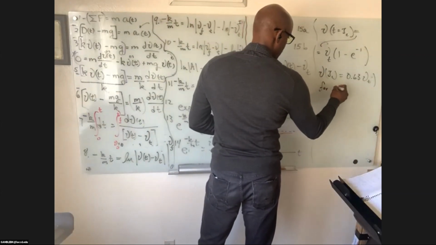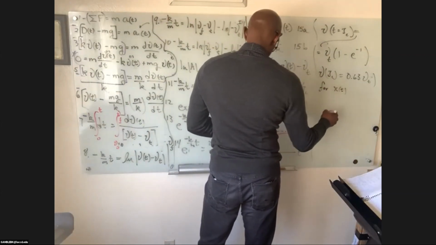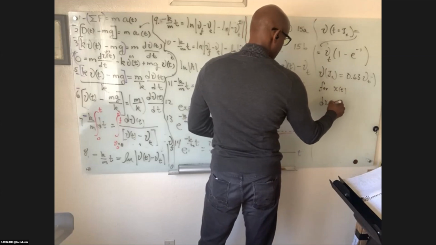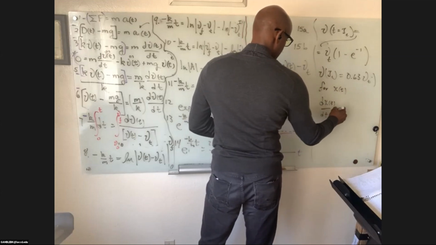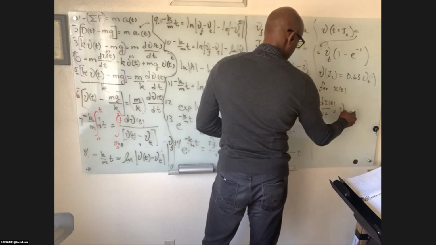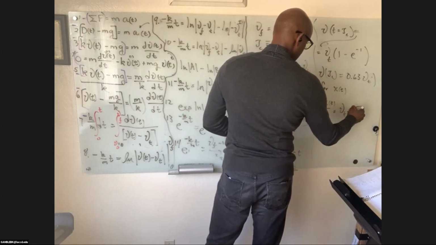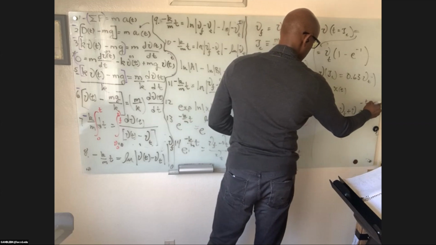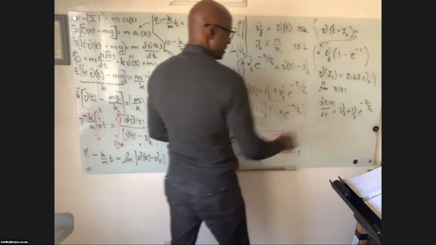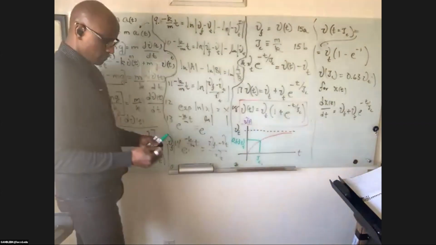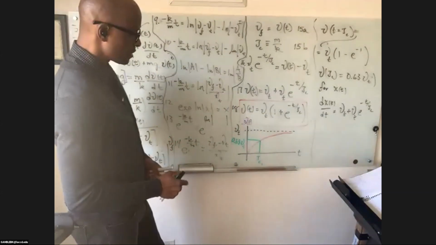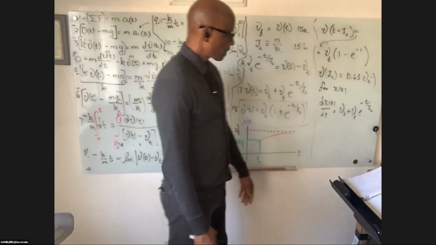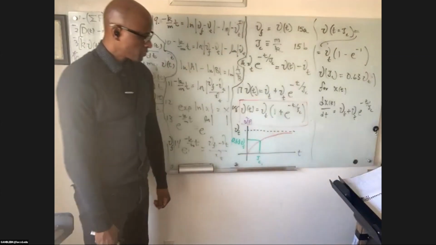So for x of t, you replace dx of t/dt, which is equal to v of t plus v of t e to the minus t over tau c. Do separation of variables again, and then solve for that equation of motion, which is actually not very difficult. It's very easy to get that equation of motion.